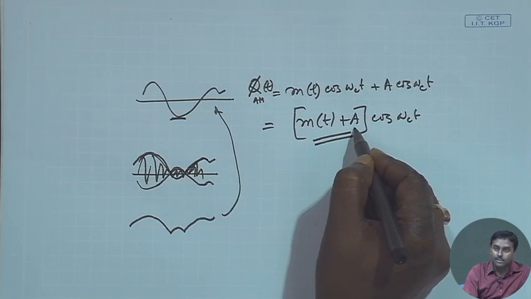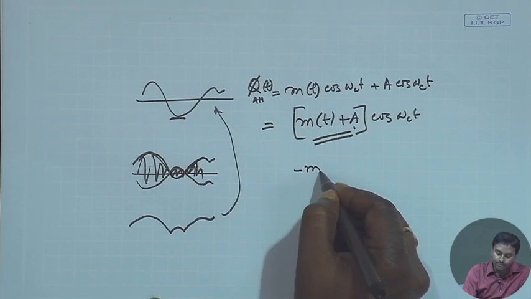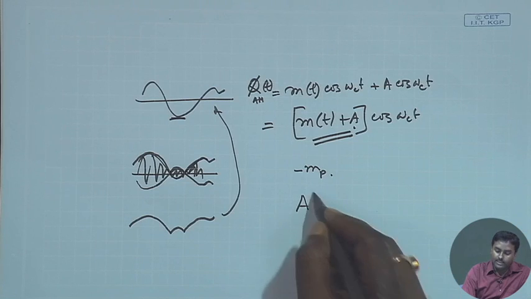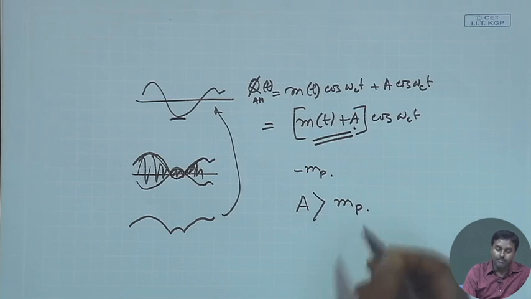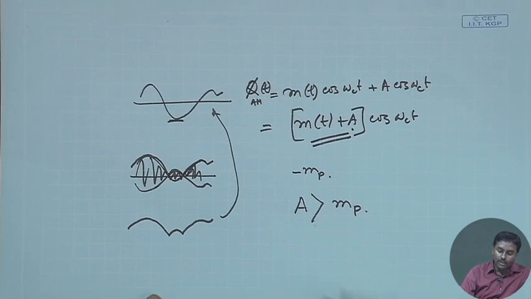The carrier must be added in such a way that the amplitude of the carrier is always greater than even the lowest value of my message signal. Let us say that lowest value is minus M_p. Therefore, I have a condition that A must be greater than this M_p.